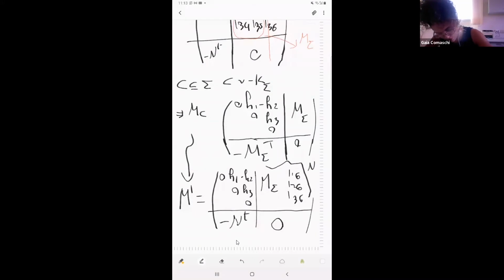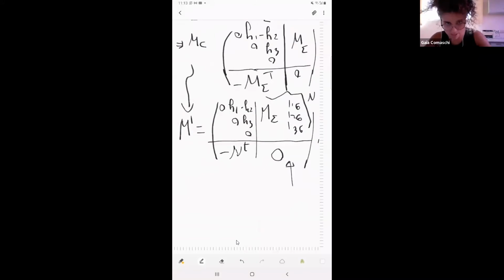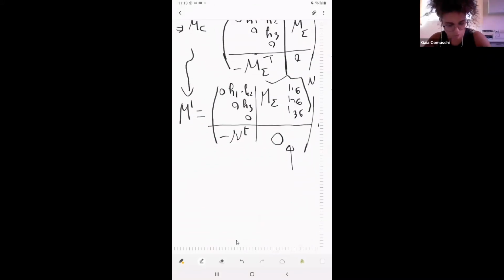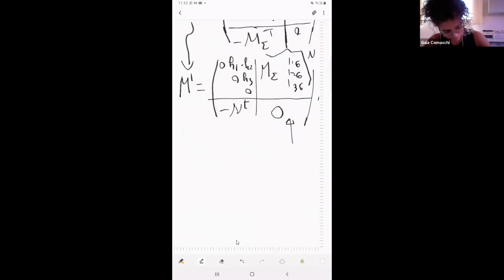So these blocks of 0 tell us that the matrix can't be stable. And from the proposition that we proved above, we have that this is not polystable. Not polystable, so it's strictly semi-stable.